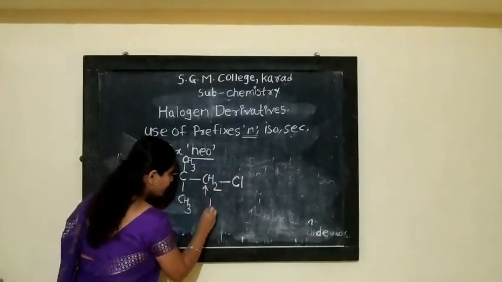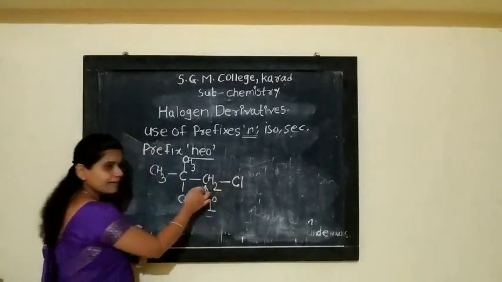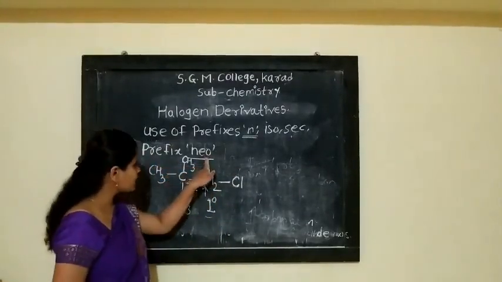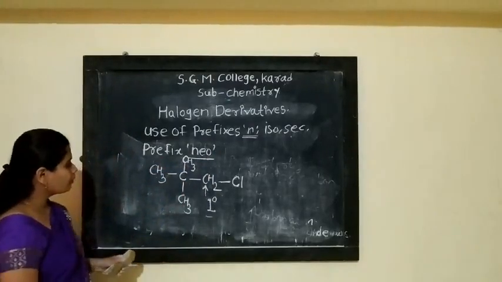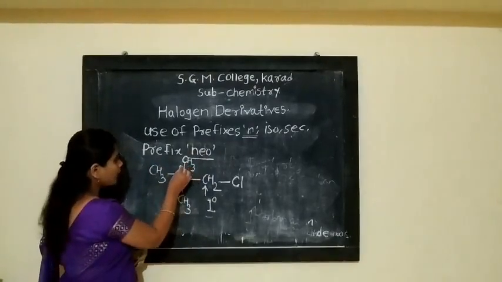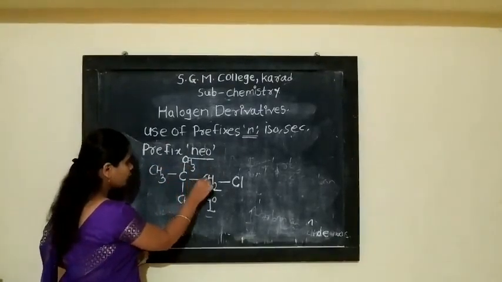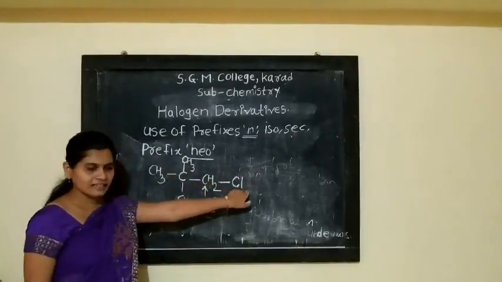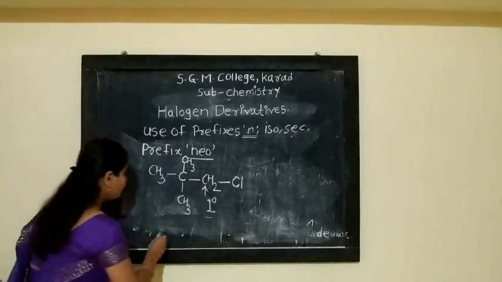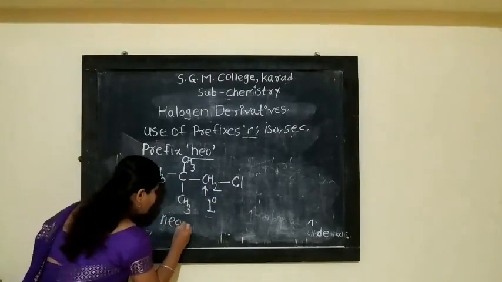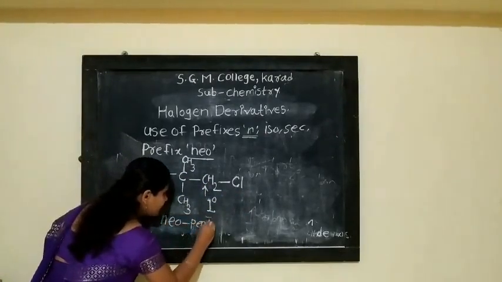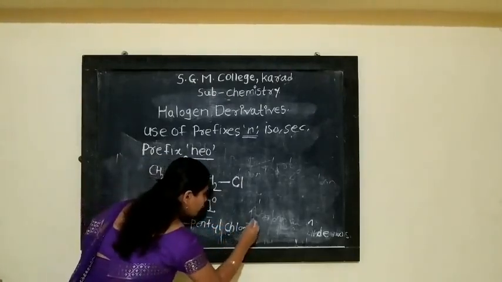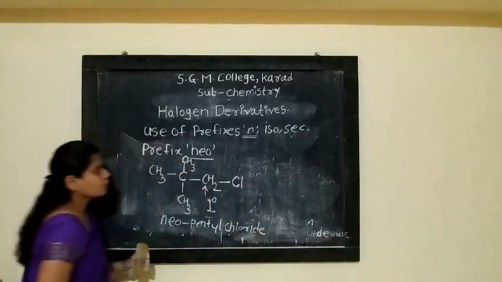This is a primary carbon atom, and this halogen is attached to it. So here we can use the prefix neo. Count the number of carbon atoms: 1, 2, 3, 4 and 5. So this is the pentyl group, and this chlorine is attached to it. So the name of this compound is neopentyl chloride.